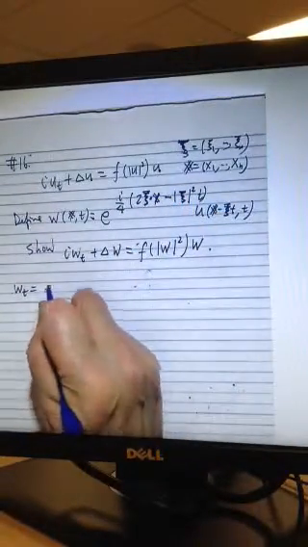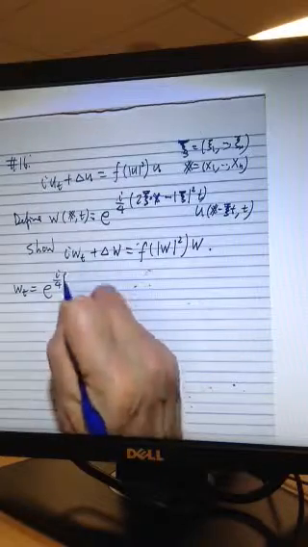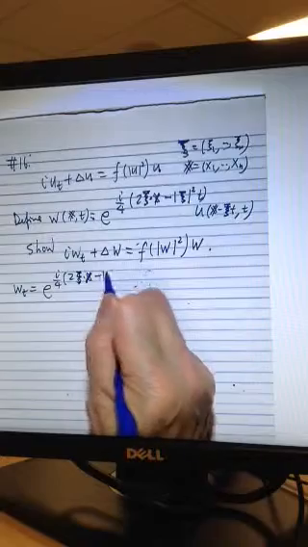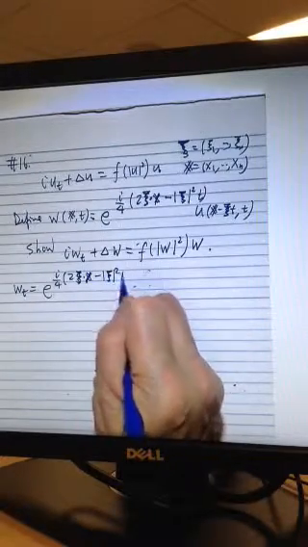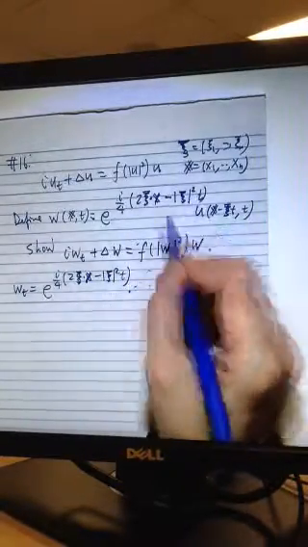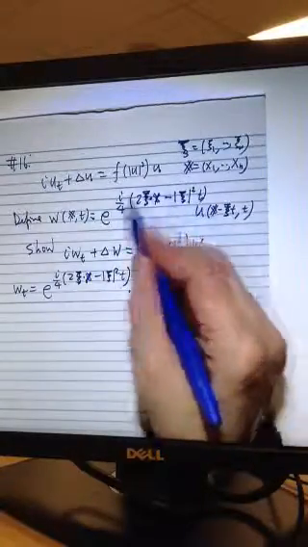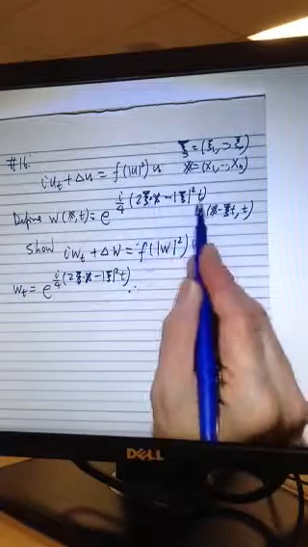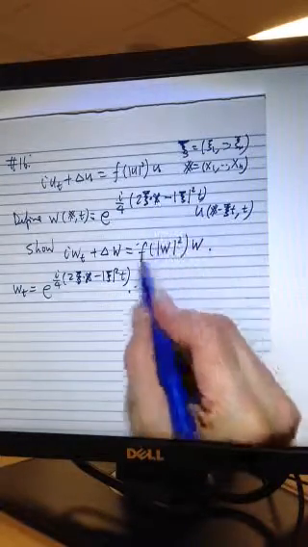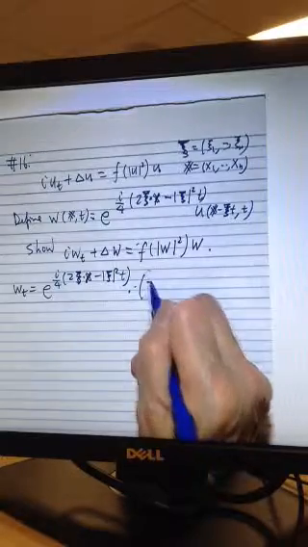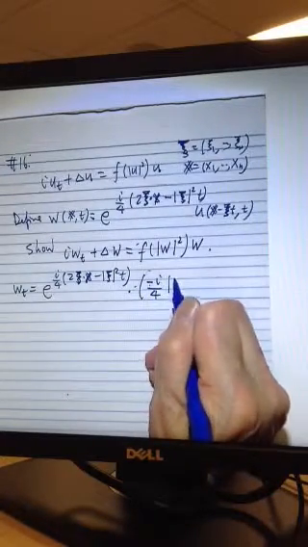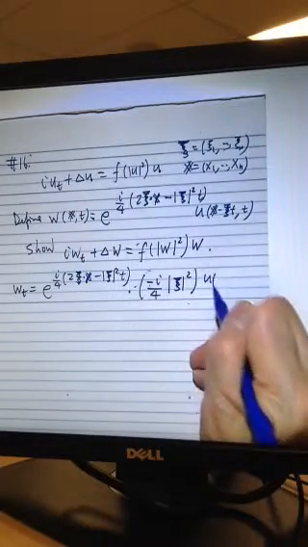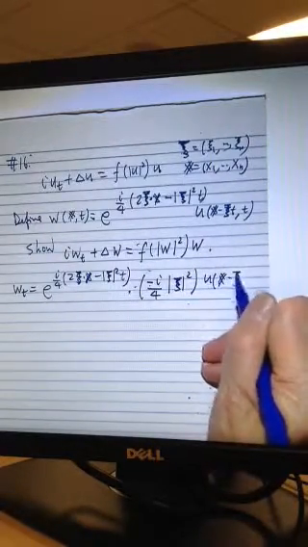You get e^{i/4(2c·x - |c|^2 t)}, differentiate it; the dot product doesn't have a t, so only the second part contributes, giving minus i/4 |c|^2 times u(x - ct, t).